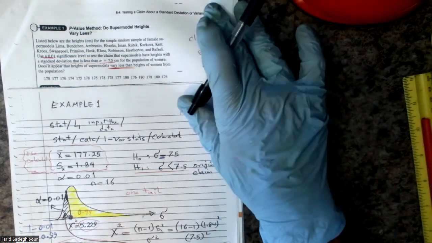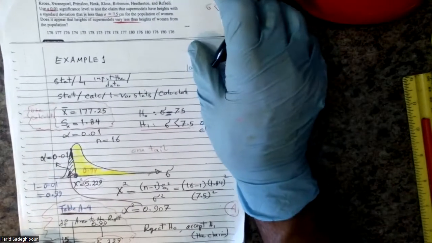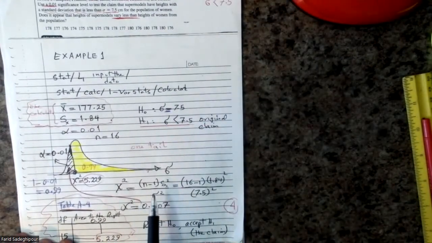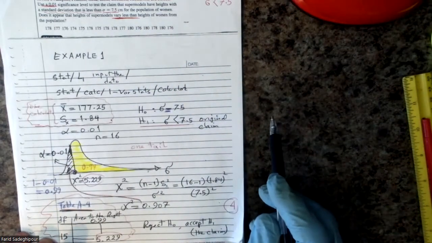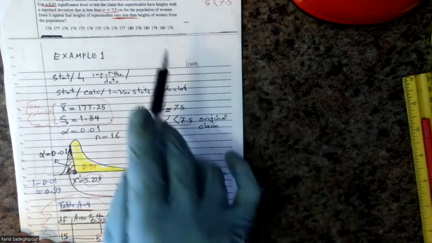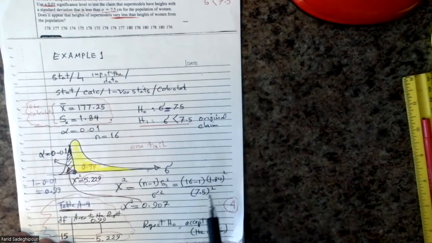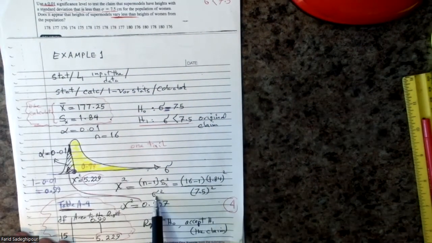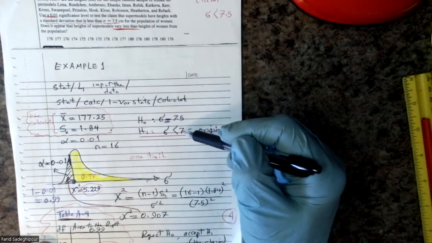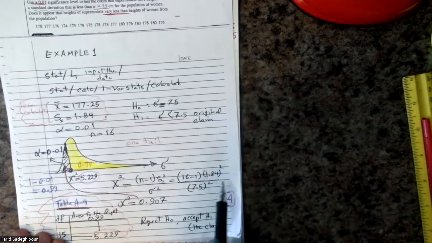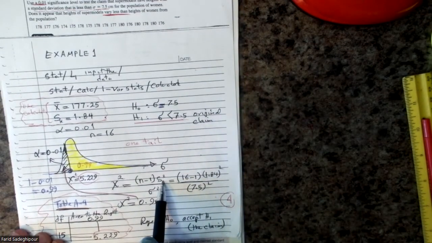So the formula requires n, which we already know, is 16 numbers. The formula needs the standard deviation of the population, which is given in the problem. It also needs the standard deviation of the sample.